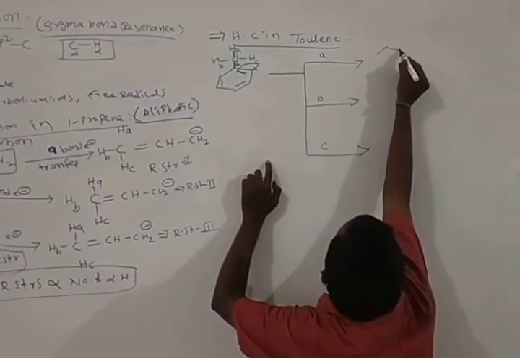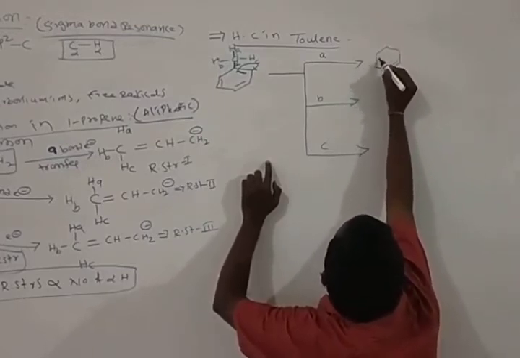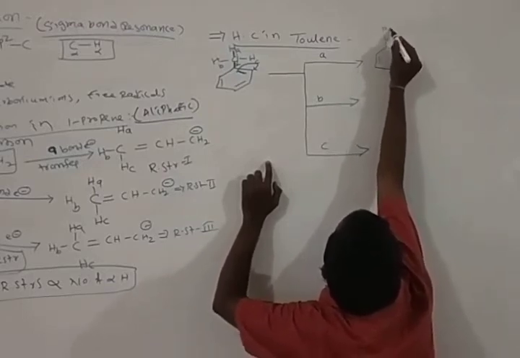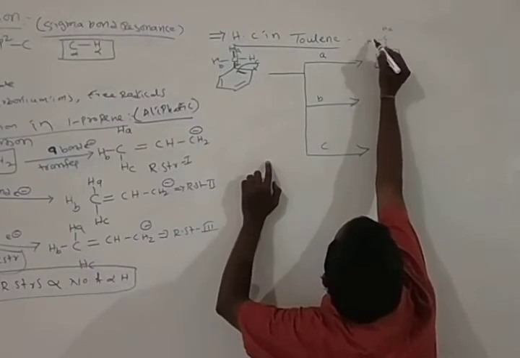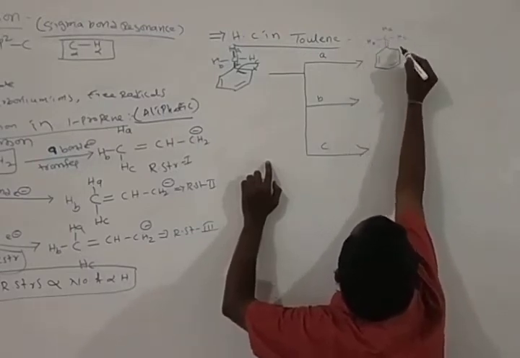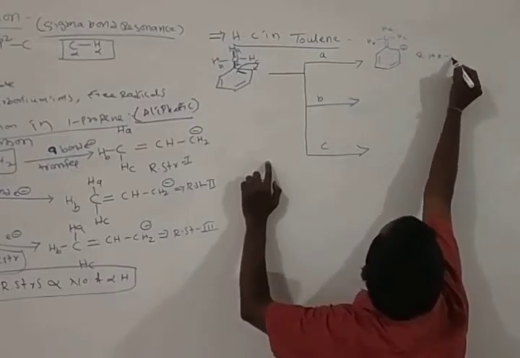See the structure: here the carbon, here hydrogen, Hb, Hc, a double bond, and here a negative charge. This is resonance structure 1.